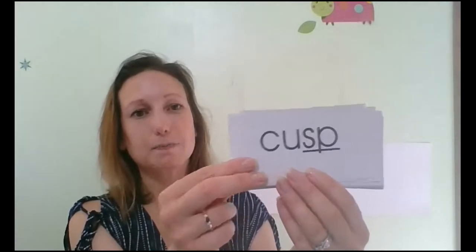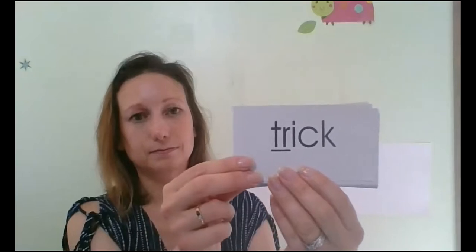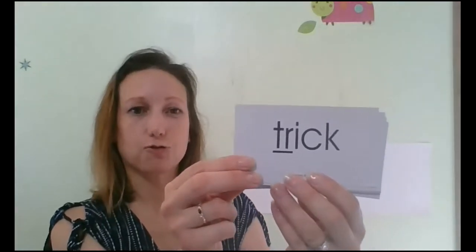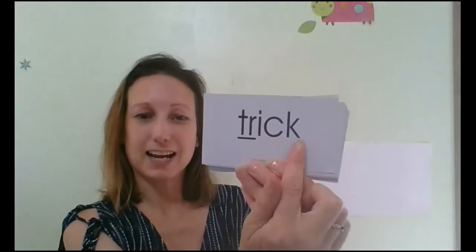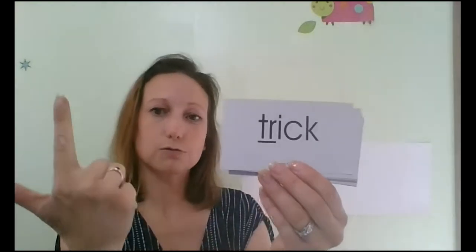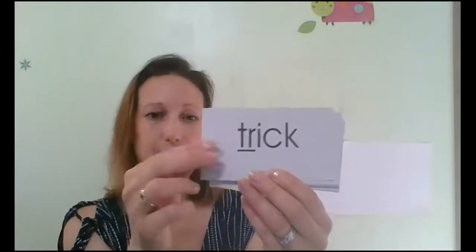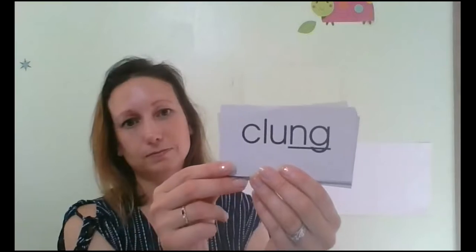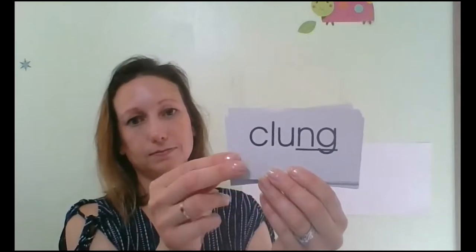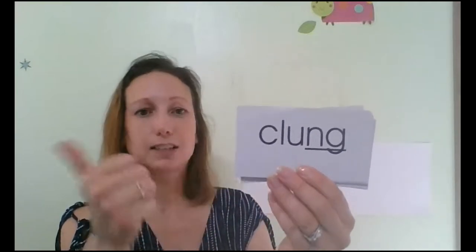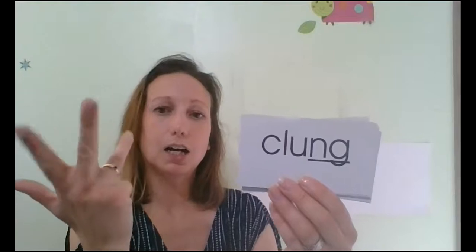Botch. Cusp. Trick. Here we have our CK right after a short vowel. Trick. Clung.